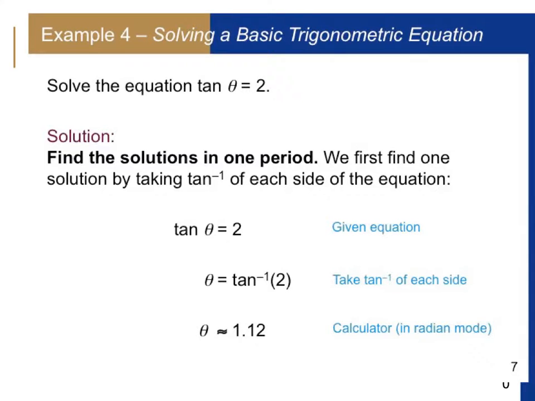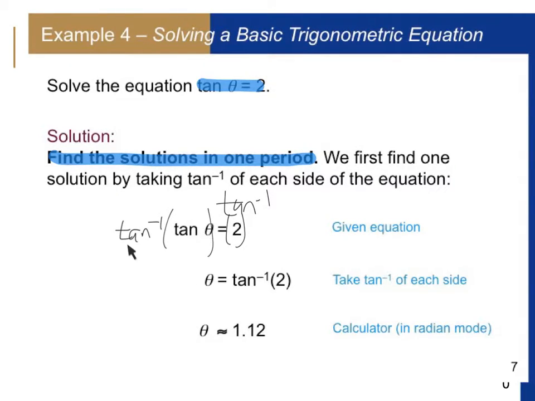Okay, so let's look at tangent of theta equals 2. Find the solutions in one period. And we can take the inverse tangent of each side of this. So if we take the inverse tangent of both sides, we take the inverse tangent of this side equals inverse tangent of that side, right? So that's how we get this.